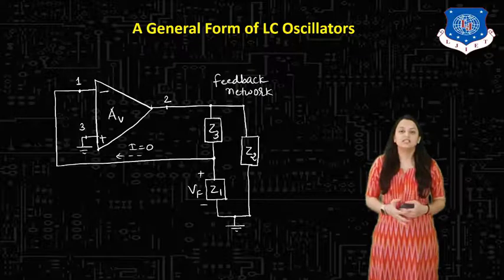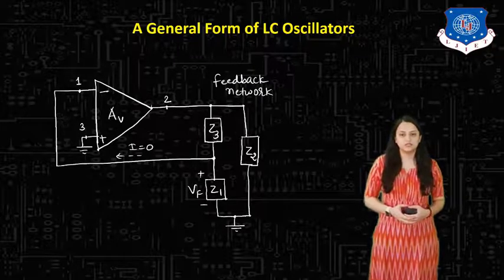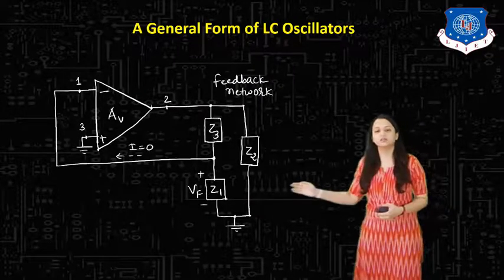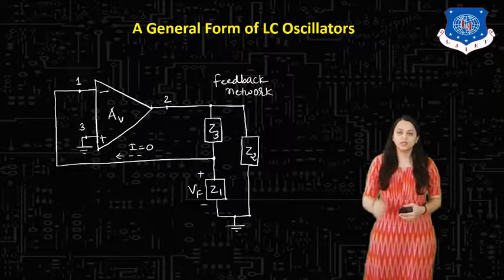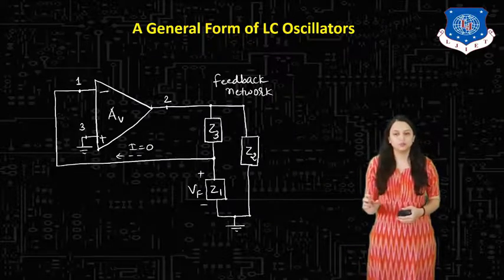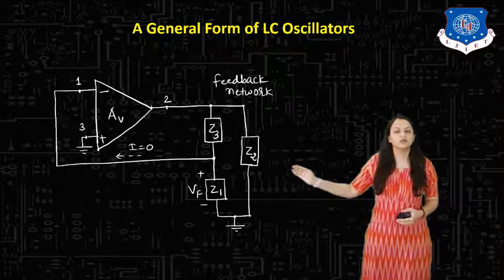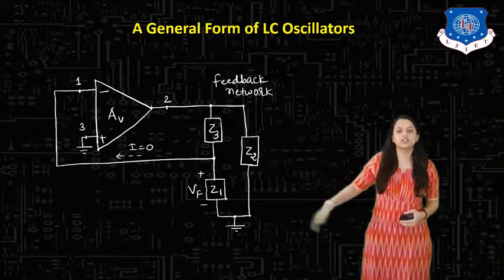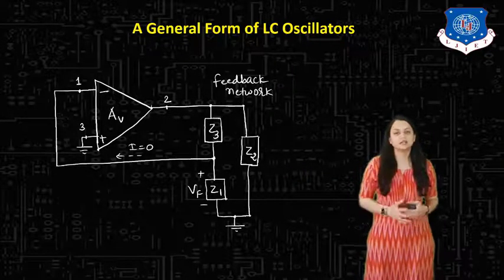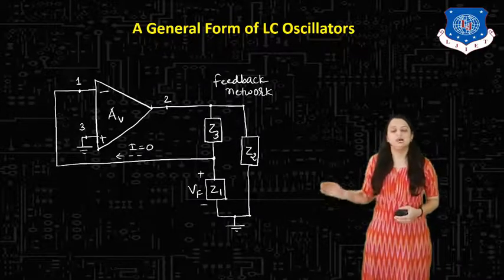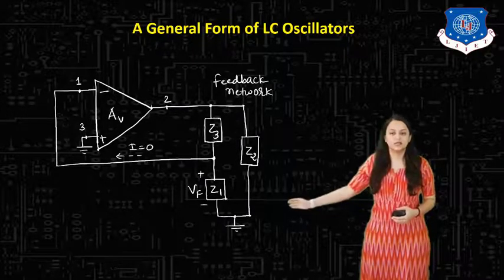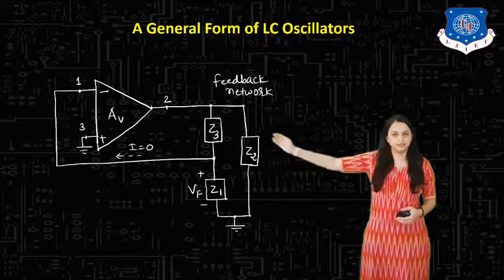Now, let us see the general form of LC oscillators. So this is the general network of LC oscillators. With the op-amp in the feedback network, there are three combinations based on which different LC oscillators are designed. The arrangement will be like this: Z1, Z2 and Z3.